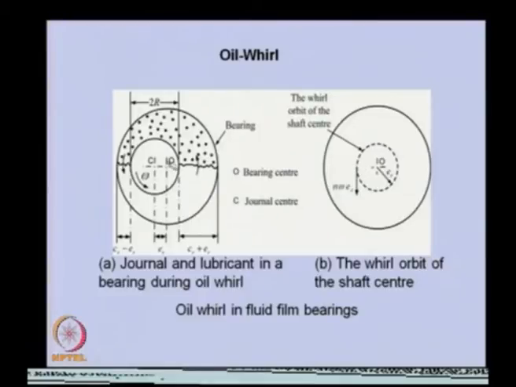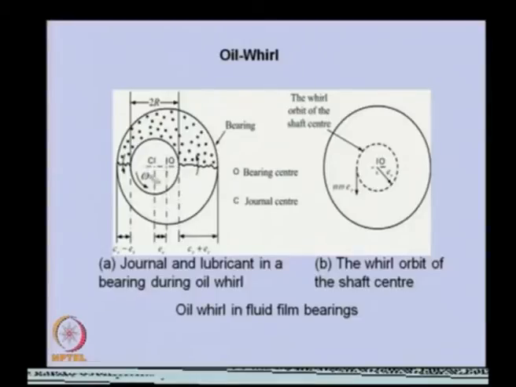In this configuration, that velocity will be toward the downward direction. This circle is the whirl orbit of the shaft center that we are analyzing here. So you can see there are two motions of the rotor: one is spinning about its own axis, and then it is whirling in this direction.